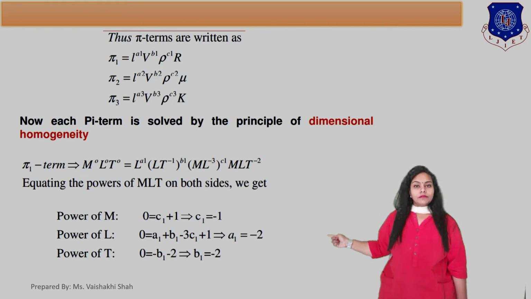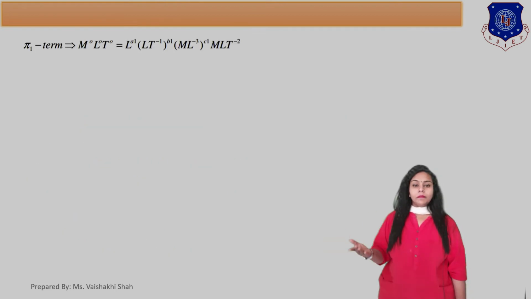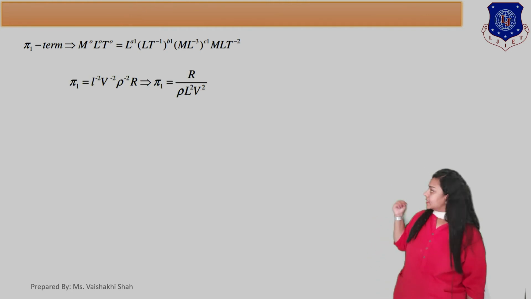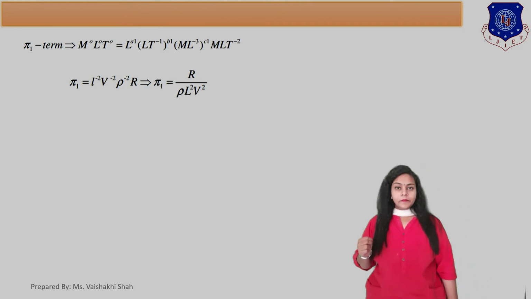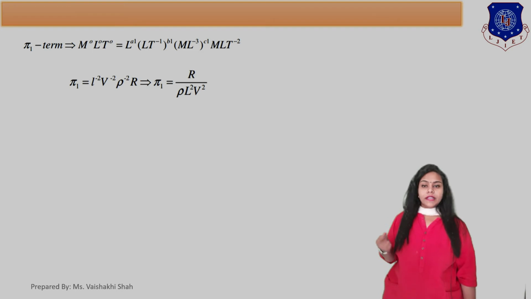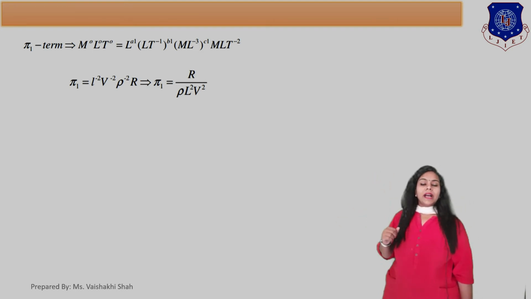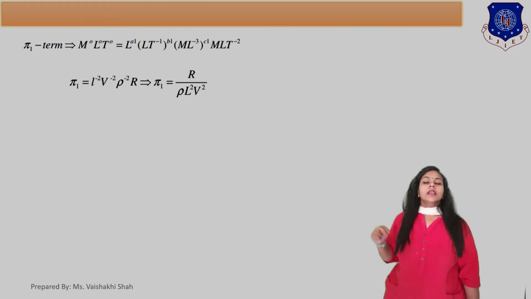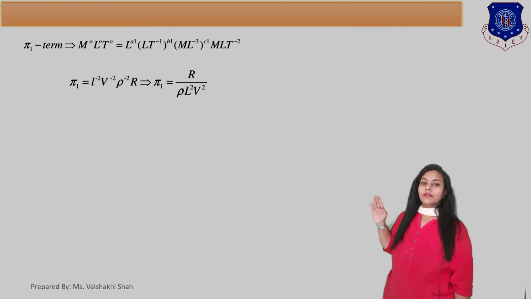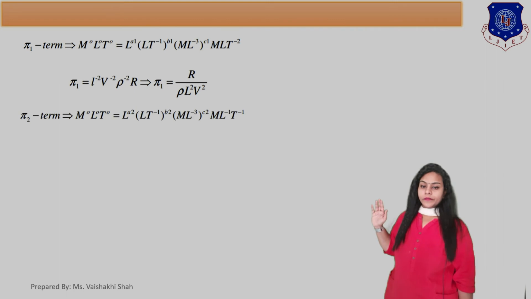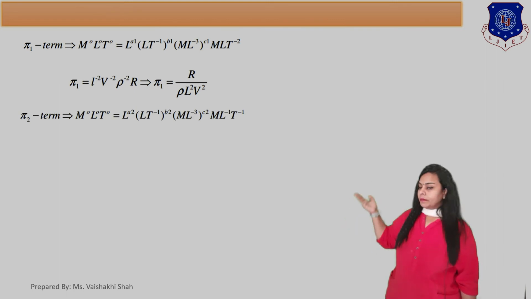So the π1 term becomes π1 = L^-2 V^-2 rho^-2 R. So π1 is written as R upon rho L squared V squared. Clear? Same way you can solve the π2 term.